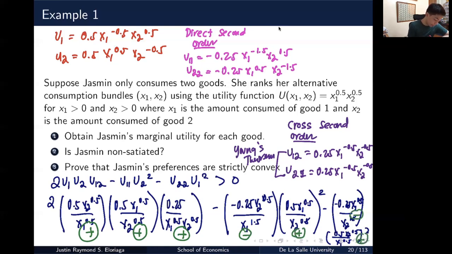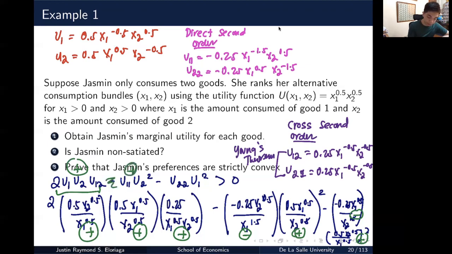Now, 2 times a positive times a positive times a positive, this entire first term will be positive. Then I have negative times a positive, so that's a negative, but then it's minus a negative, so this thing will be positive.